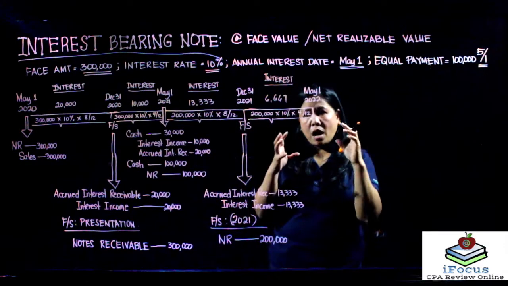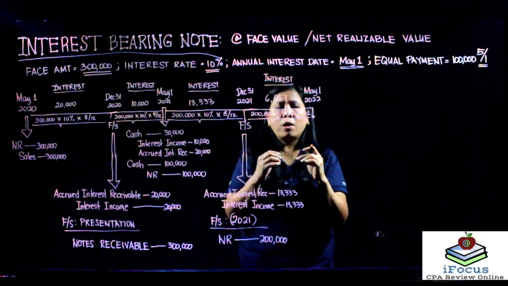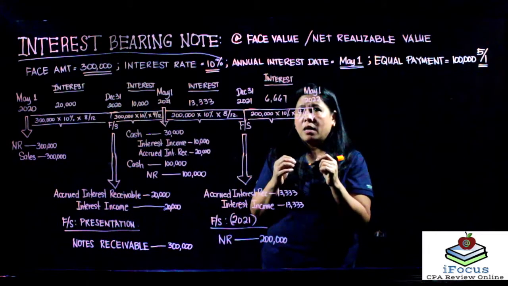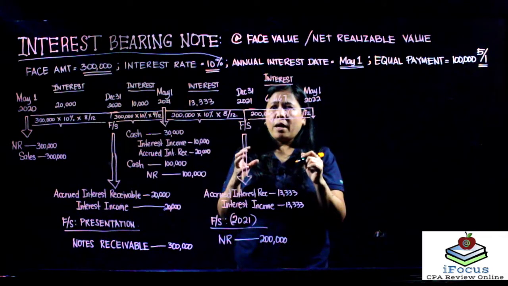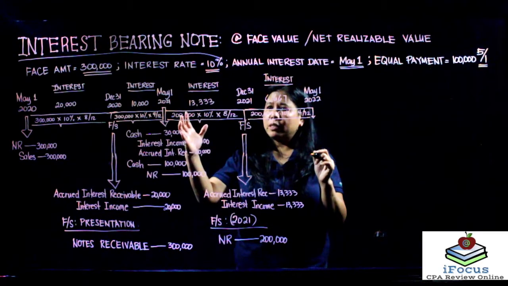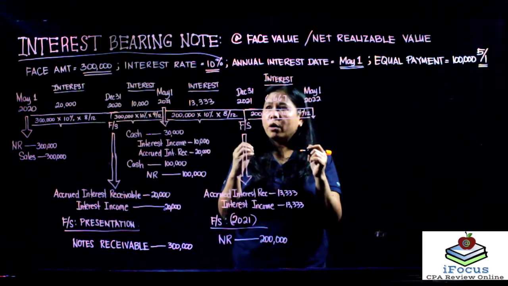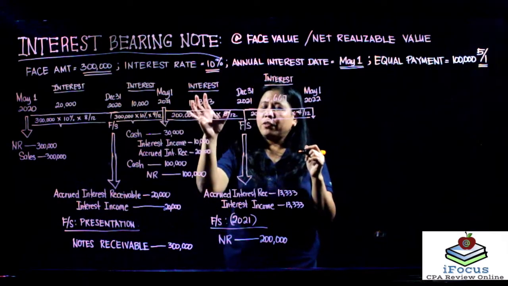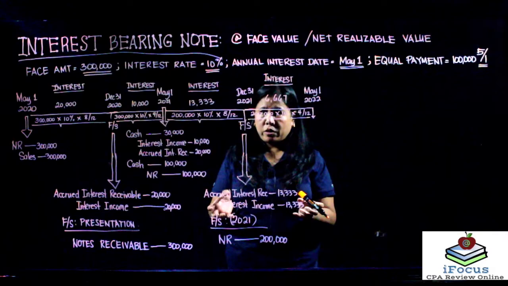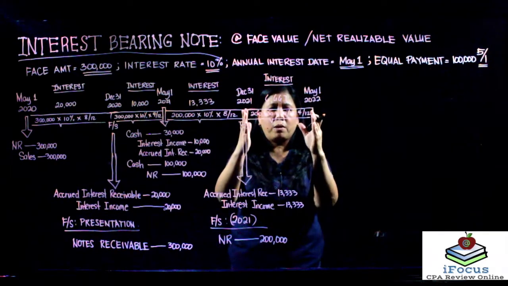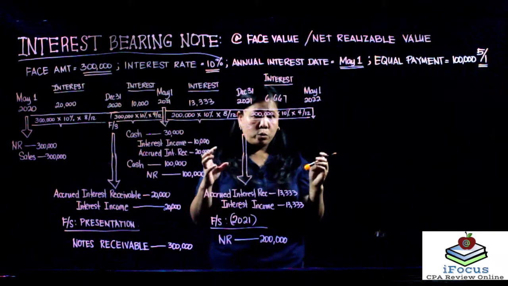All right, and our journal entry for May 1st when we receive the interest: 200,000 times 10% is equal to 20,000, or the 13,333 that we already recognized plus the 6,667 that we earned for the 4 months is also equal to 20,000.